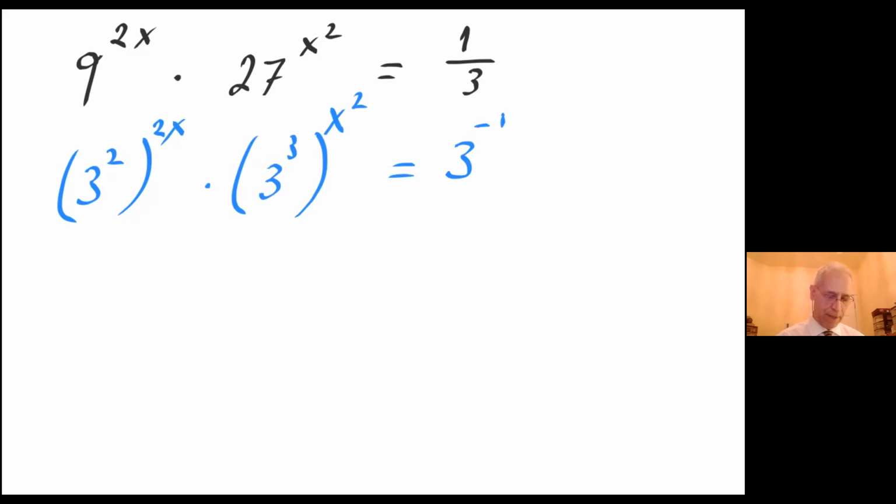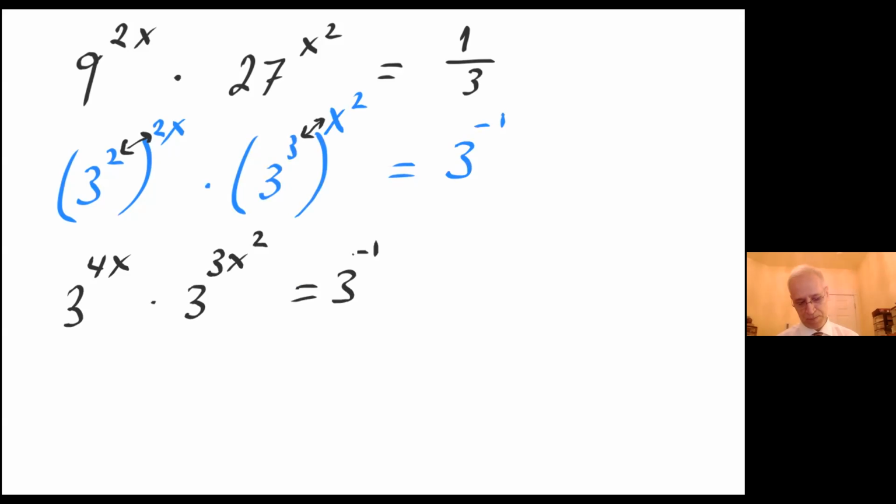So here I have power of power in here and in here. So I'm going to change this to 3 to the power of 4x times 3 to the power of 3x squared equals 3 to the negative 1. And now here I have the same base being multiplied.